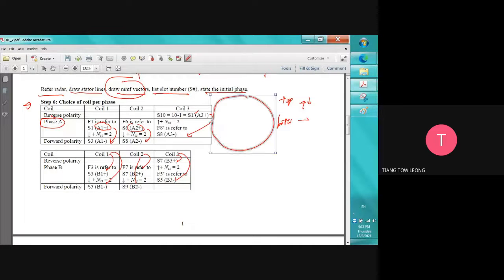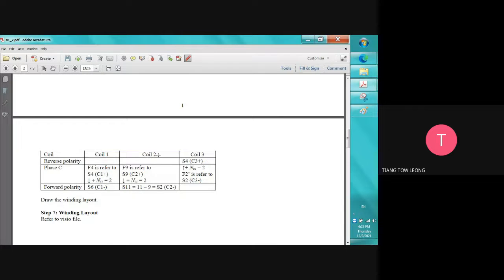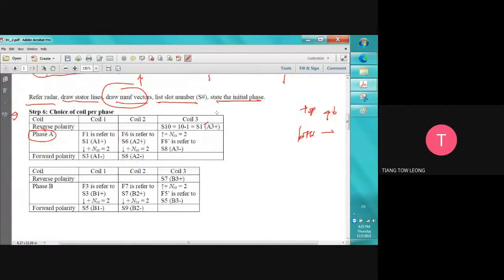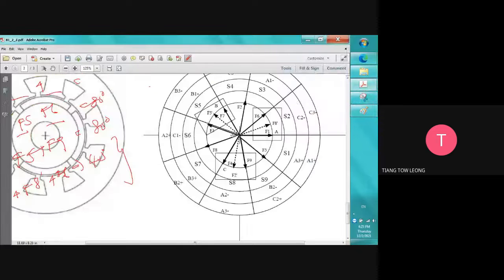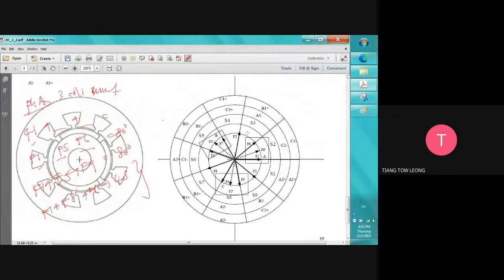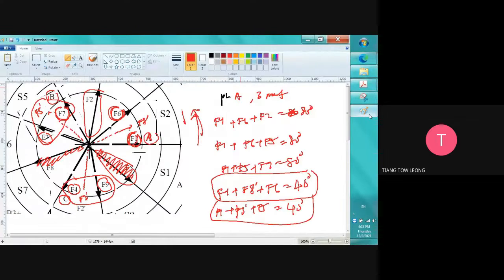So after we understand this one, then now we need to put in a winding layout. After we construct this table, so have a look the first one first. Wow, so messy. Okay, so next is where is it?